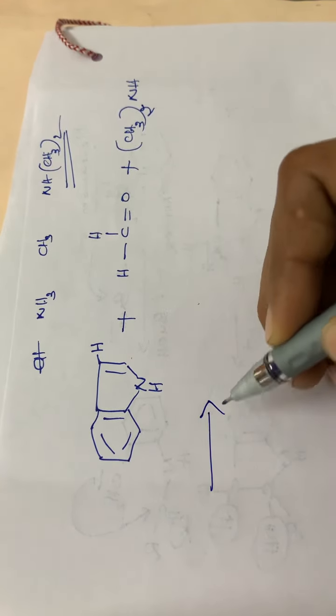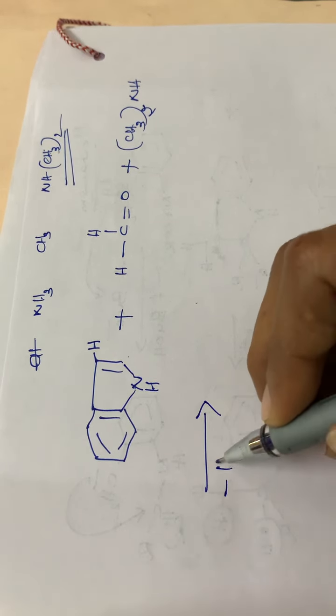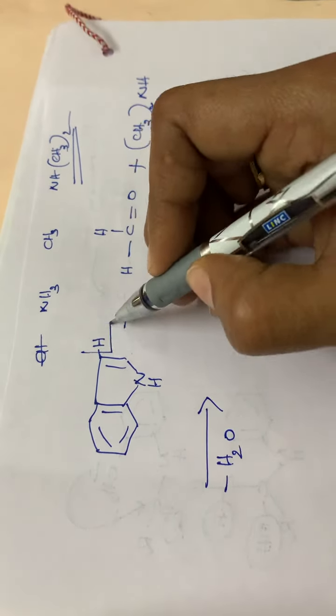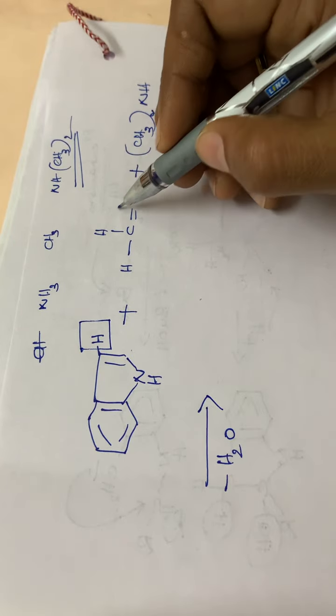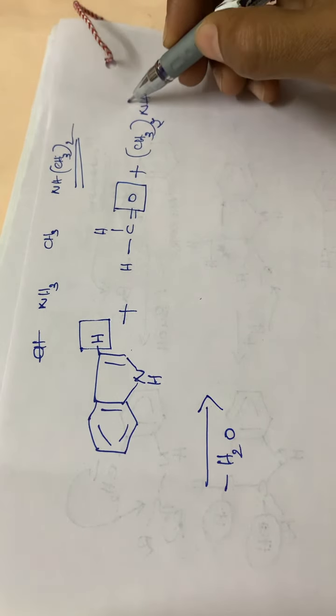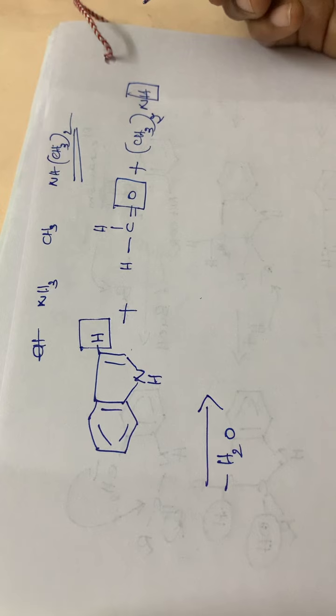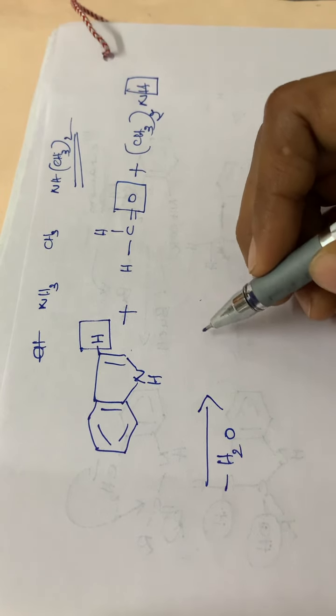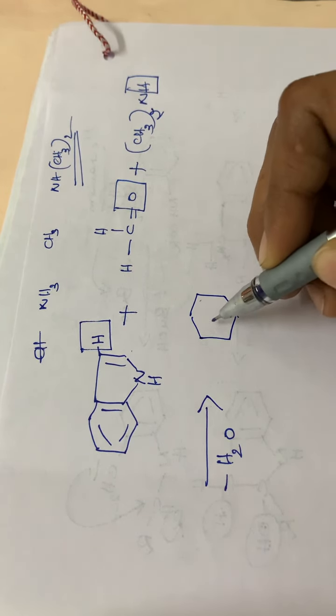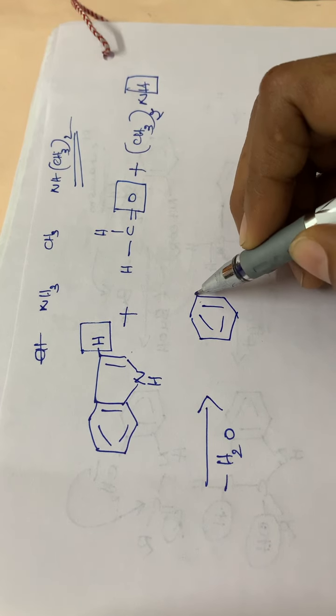So here elimination of water takes place. One hydrogen, then from this position the oxygen atom, and from this position hydrogen. So one molecule of water is eliminated. So the product is like this, C6H5.